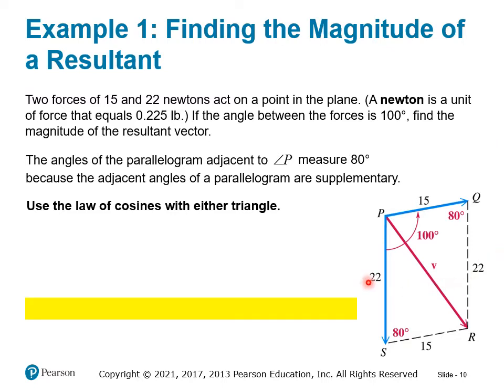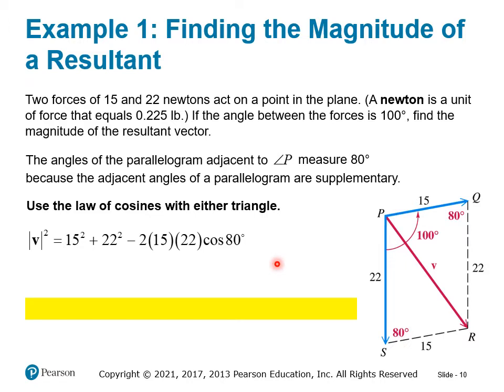We have side, angle, side. So the magnitude of v squared is, remember this is the law of cosines, the sum of the squares of the other sides, so 22 squared plus 15 squared minus 2 times the product of the other sides, 2 times 22 times 15 times the cosine of the angle between them.